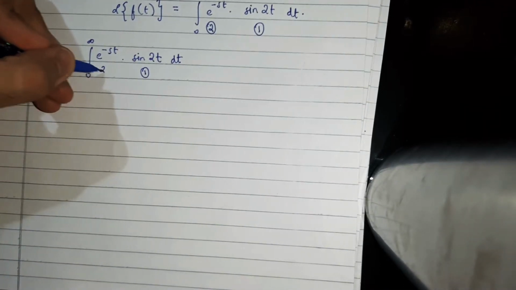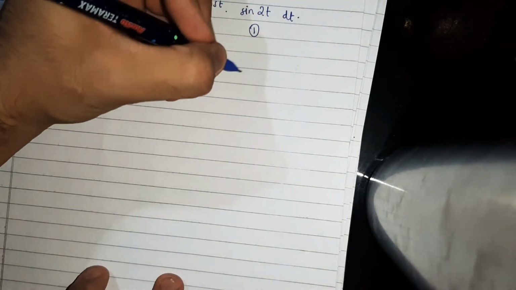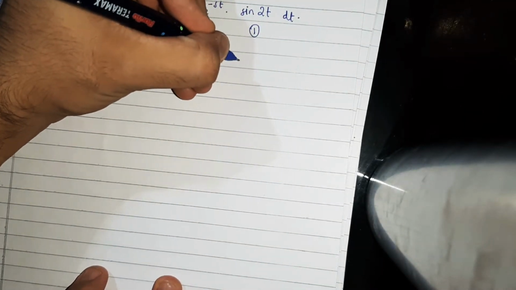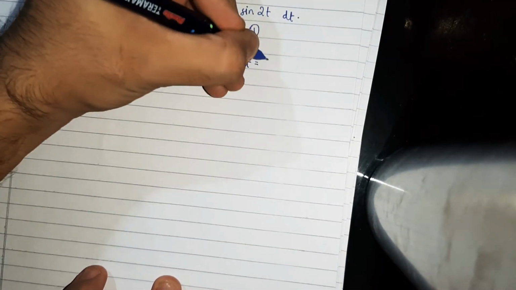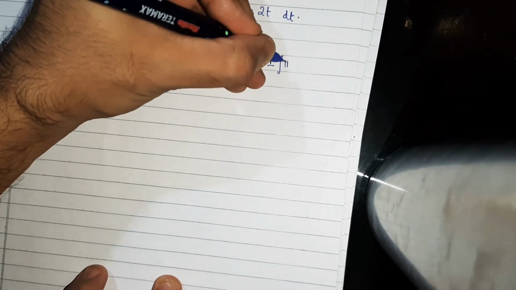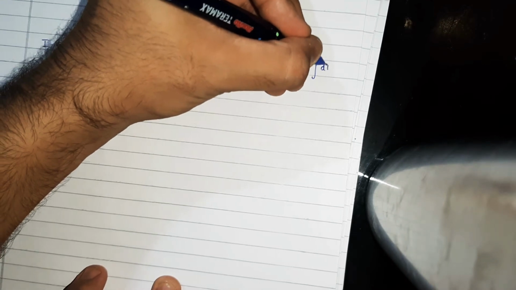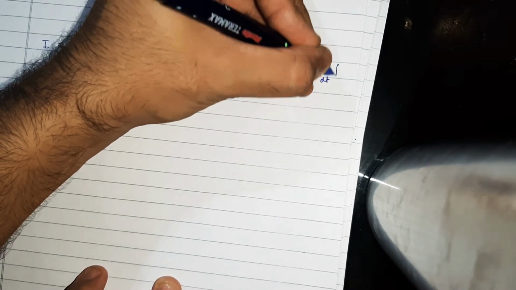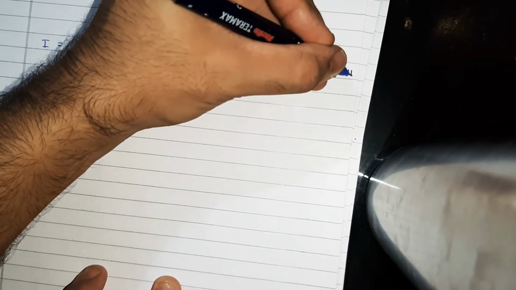Again, this is the first function, this is the second. Now the formula for this type of integration goes like this. The integral equals first function into integration of second function minus integration of derivative of first function into the integration of the second.